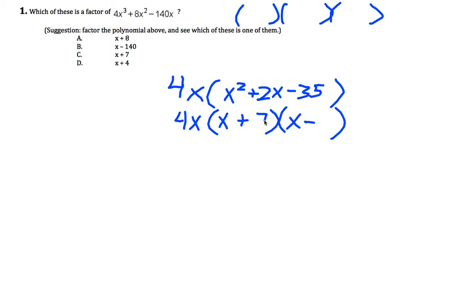And it turns out there are 2 easy ones. Positive 7 and negative 5 will do that job. Factored. And when we compare the factored version of this polynomial with the ones that we think they might be, we find that x plus 7 is the only one that exists as an answer possibility and as a factor. We found our answer. Let's try another one.